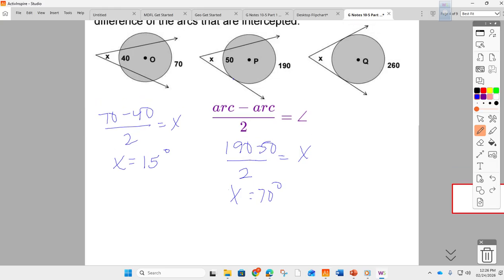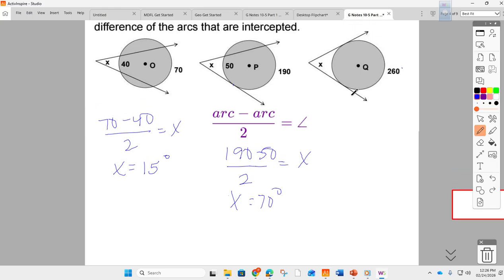Yeah? What's happening here? I only have one arc. So we're going to count just drawing these points of concurrency to make things a little bit more obvious here. We have this arc labeled 260. What is the measure of this arc? It's not labeled, but can we find it? Charlie, how will we find it?